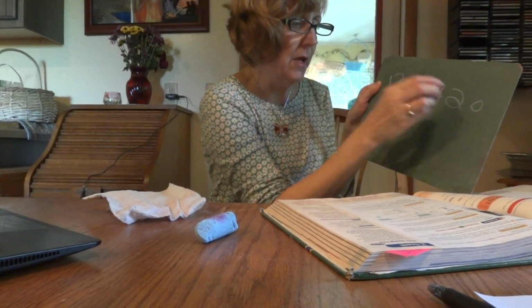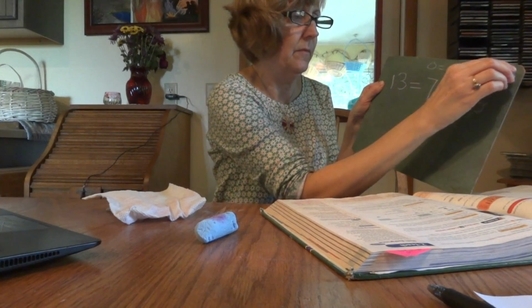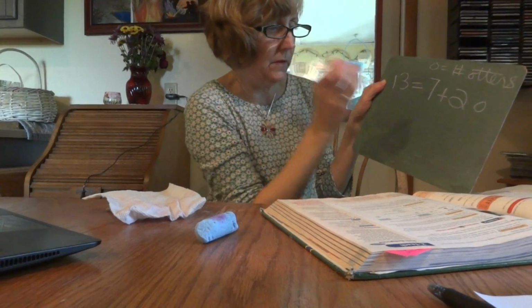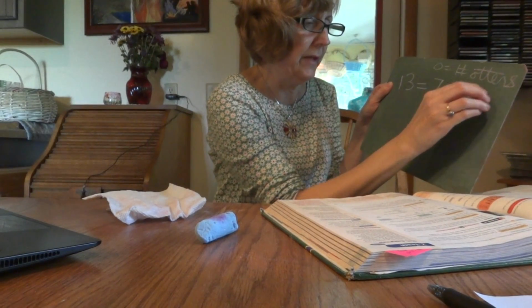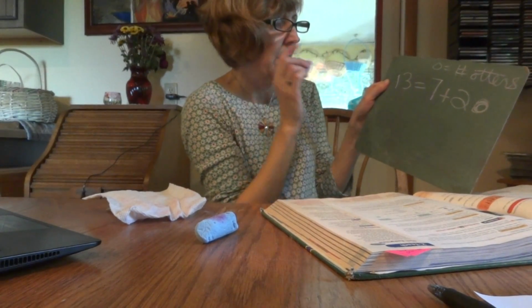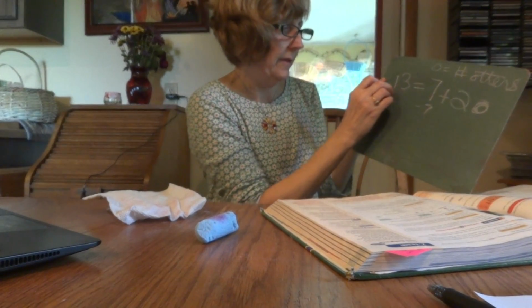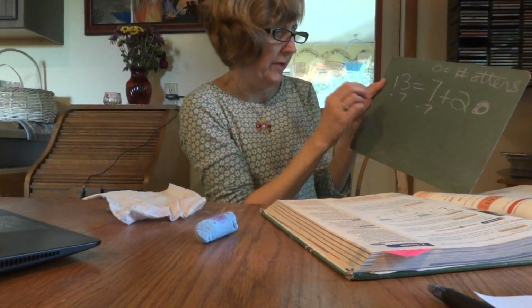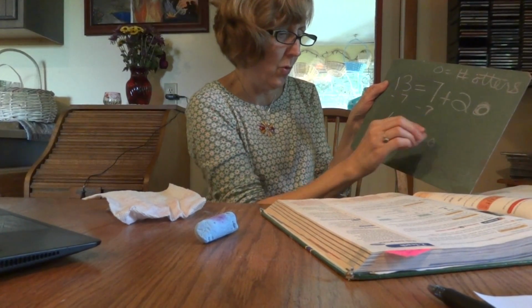I'm going to use O for the number of otters. So maybe I'll make that just a little o so you don't think it's a 0. First thing we have to do is subtract 7 to get the 7 out of the way. 13 minus 7 is 6 equals 2o.